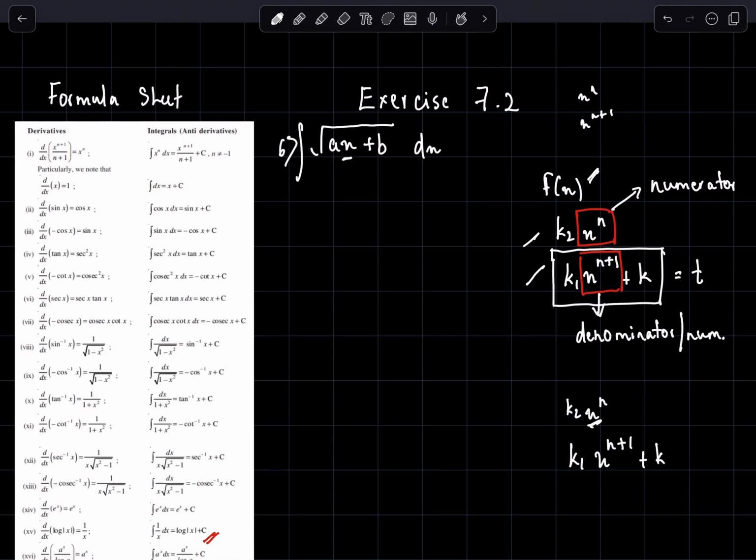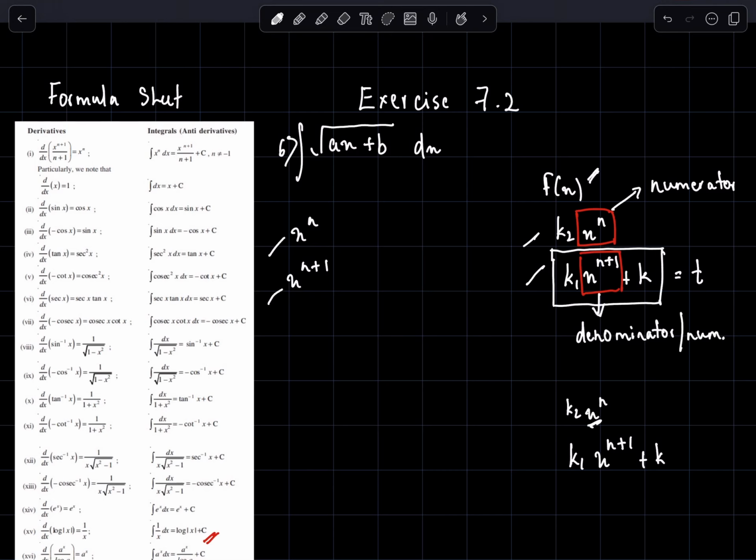Now let me make it simple for you. You're confused as to whether to take x as x to the power n or x to the power n plus 1.